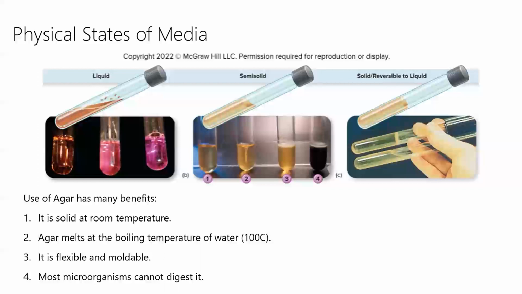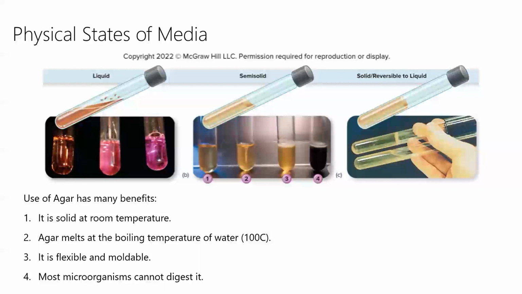And most microorganisms cannot digest it. And that might sound like, wait a second, that's a benefit? I don't get it. But most microorganisms can't digest the actual agar, but we can put food into the agar.